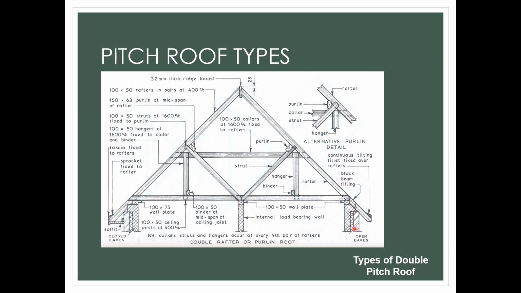This is another wall, and then this is the ceiling joist. So we have struts, hangers, and then a collar tie to the rafter. So this one can span more than 7 meters, I guess.